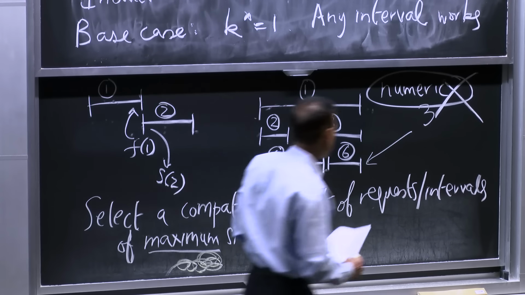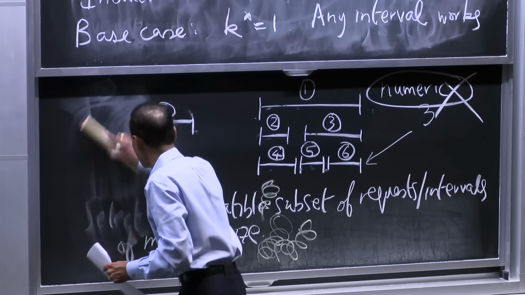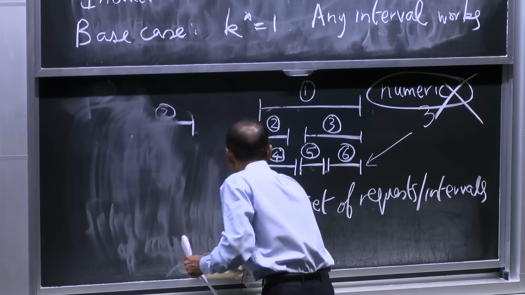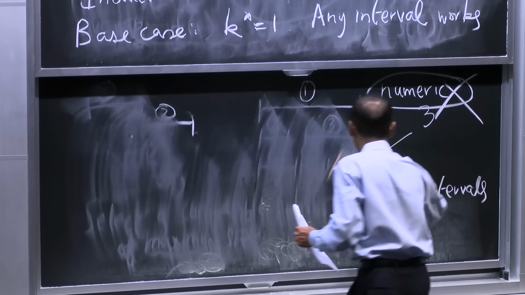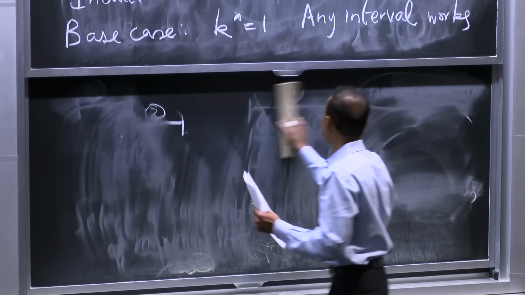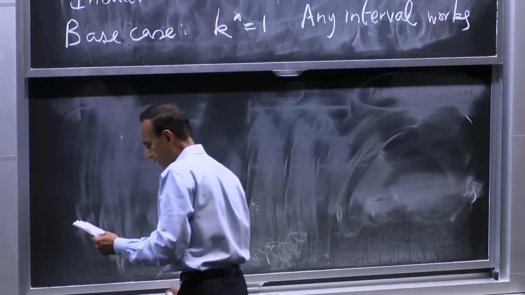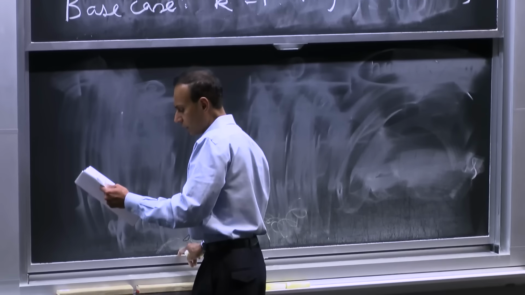So that's a trivial case. So the hard work, of course, in induction proofs is assuming the hypothesis and proving the n plus 1, or in this case the k star plus 1 case, and that's what we'll have to work on.